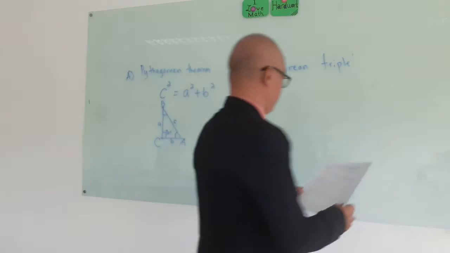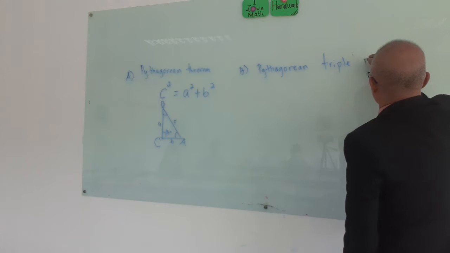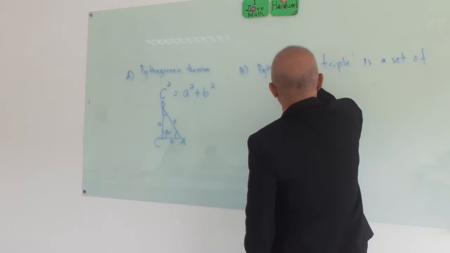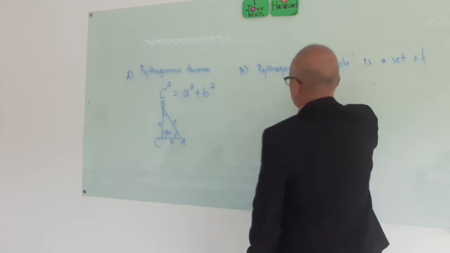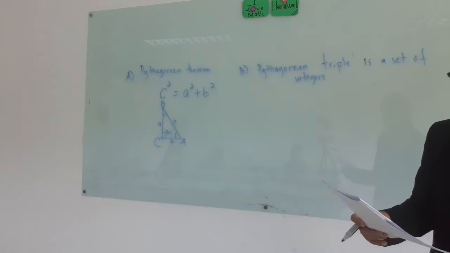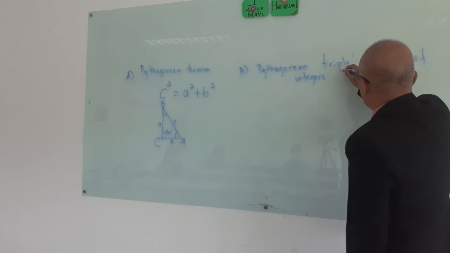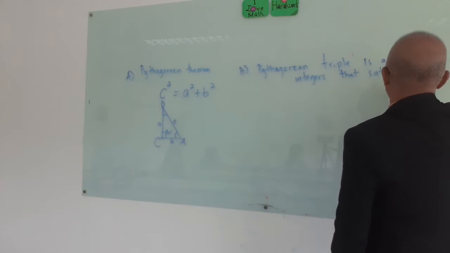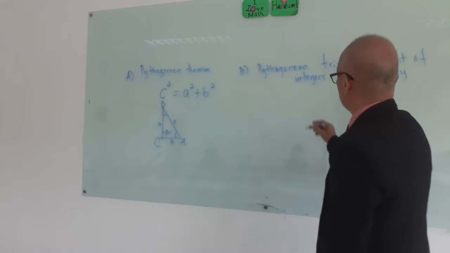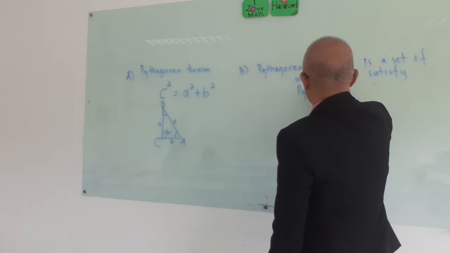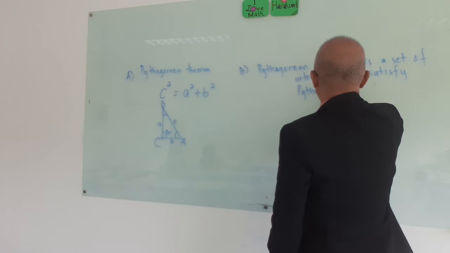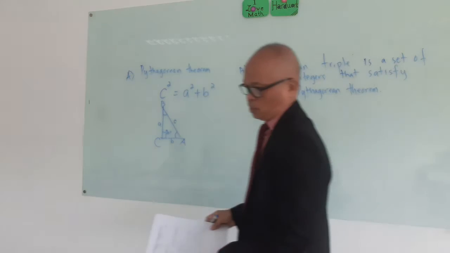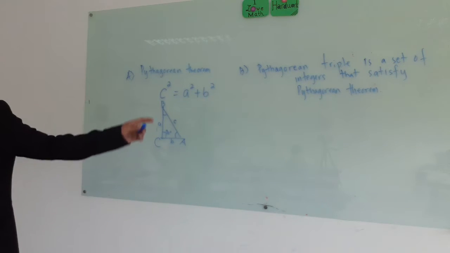Now, a Pythagorean triple is a set of integers, or numbers, that satisfy the Pythagorean theorem. Can you read, please, the definition?